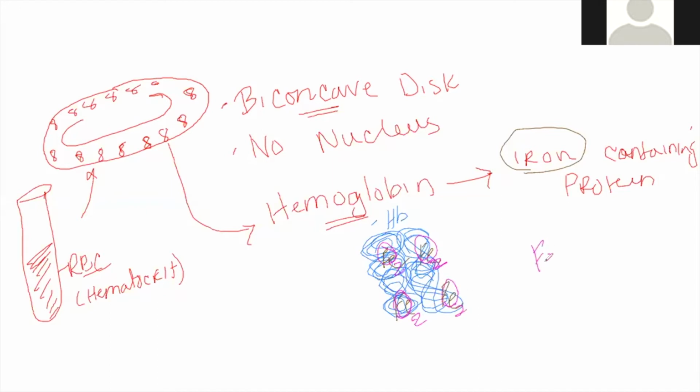So we need the iron to attach to the oxygen, and this is how most of the oxygen moves through our body within the hemoglobin. So if we have low iron, right, that can affect the oxygen.